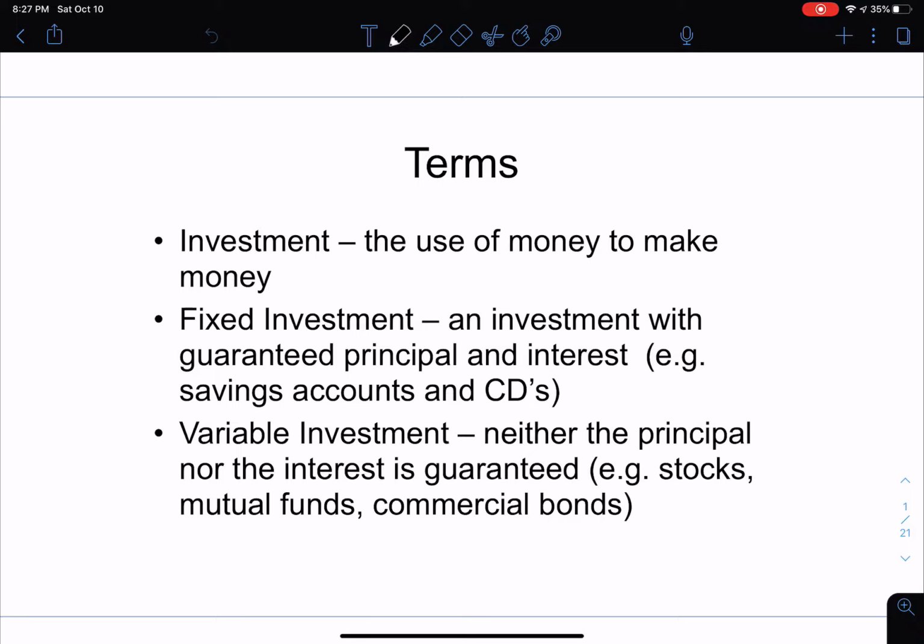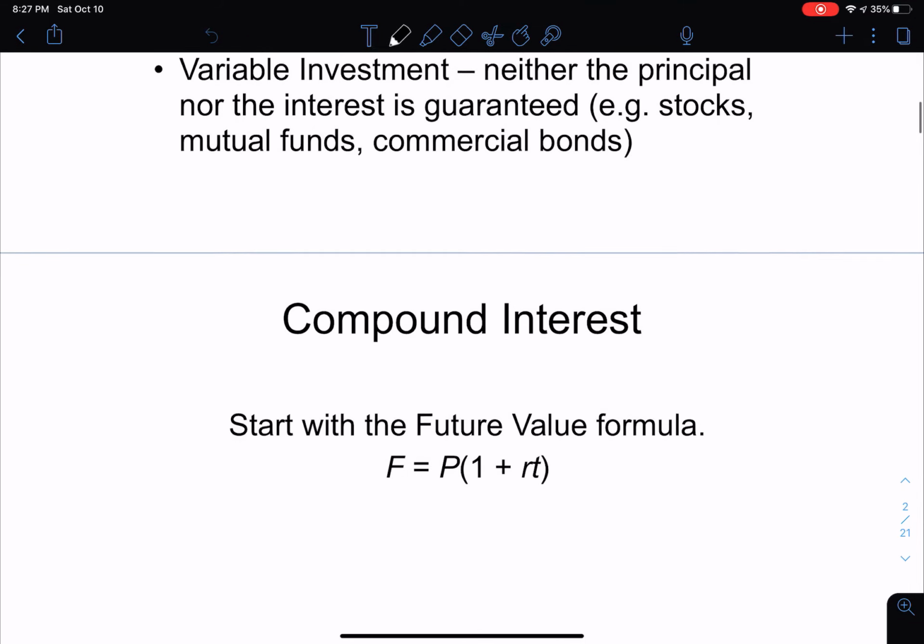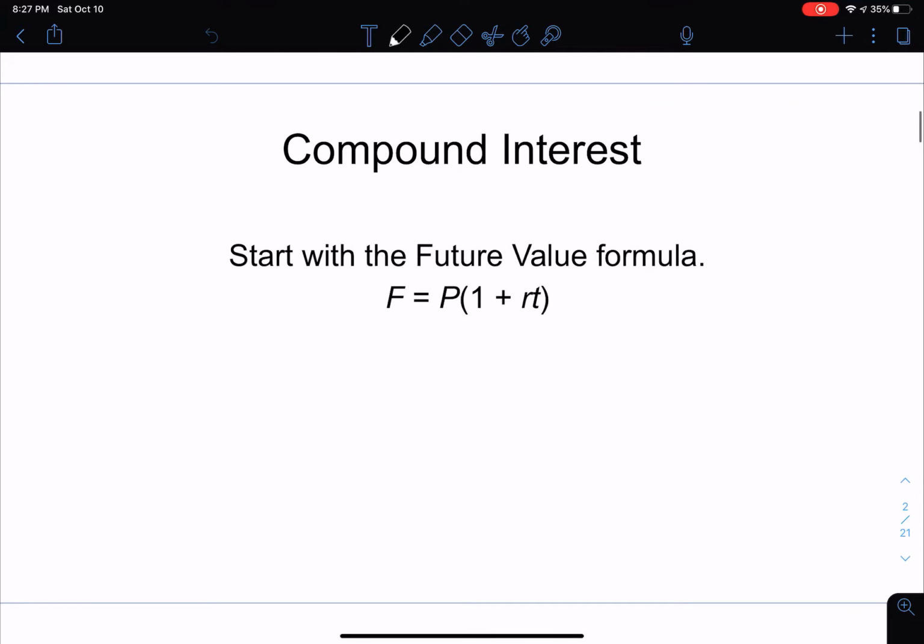A variable investment, neither the principal nor the interest is guaranteed. Stocks, mutual funds, commercial bonds. Like you can buy stock and you can end up losing everything, or you can end up gaining a ton. It just depends on what's happening with the markets and when you sell and so forth. So that's variable. All right, so as promised, compound interest.